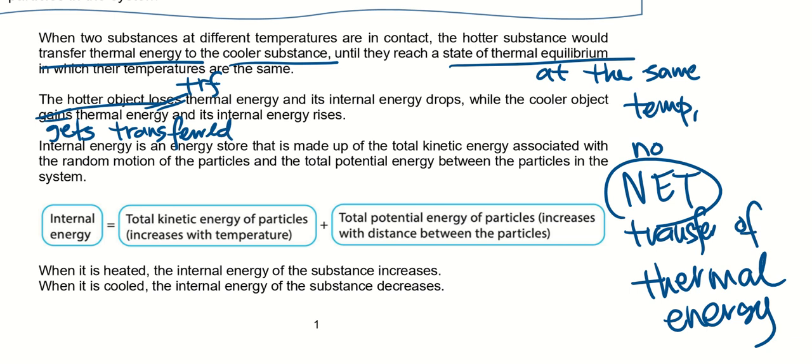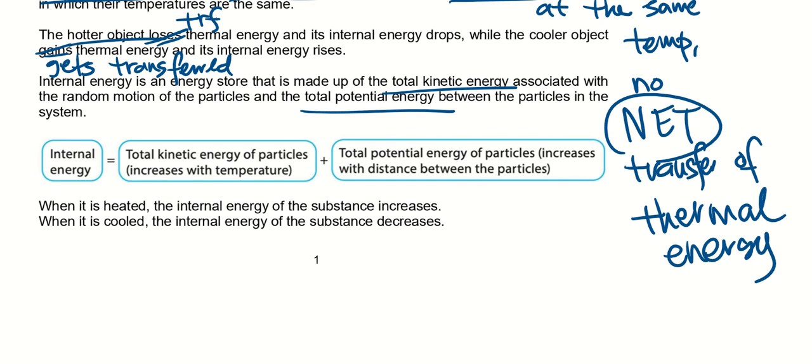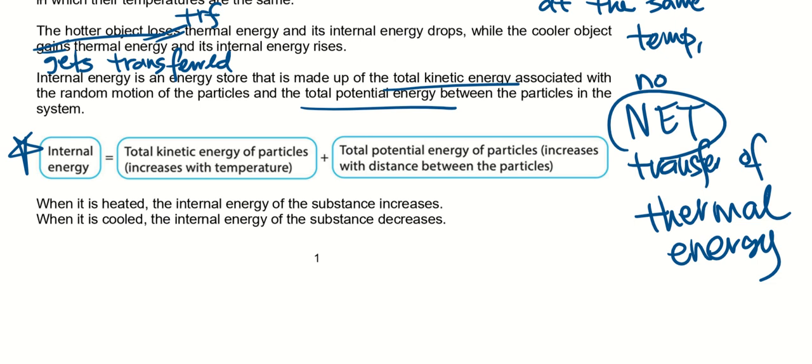So, change of syllabus: we cannot say gain or lose thermal energy. Okay, transfer in, transfer out. Now, internal energy is therefore made out of the total KE and the total PE. This is important: internal energy is total KE plus total PE. When it is heated, the internal energy of the substance increases.